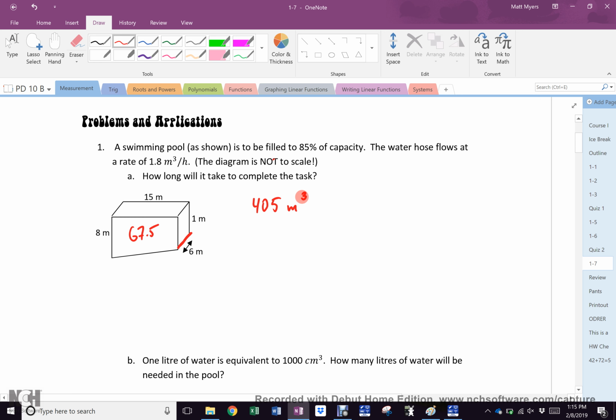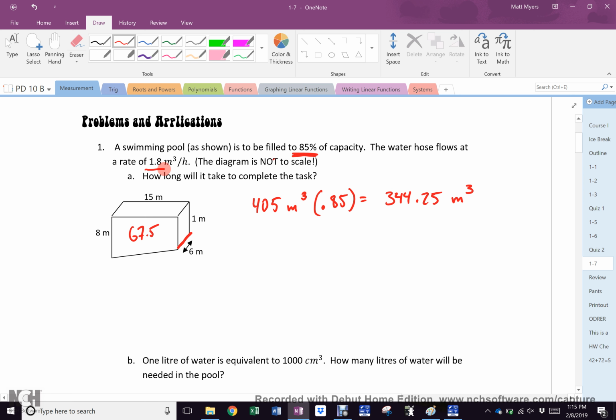Of course, we are not filling the pool full. We are filling it 85% full. So we, of course, multiply that by 0.85 to get 344.25 meters cubed. That's the first step.